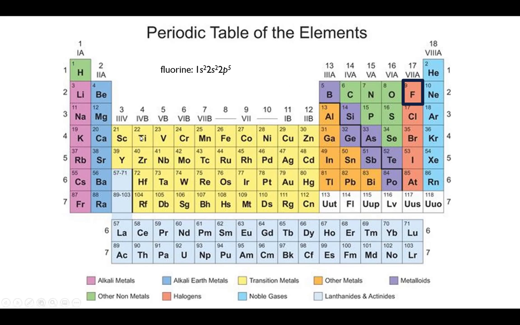The next element we will look at is scandium. You'll notice we always begin 1s2, 2s2, 2p6. Now we move on to 3s2. Back to the p block here, so 3p6.